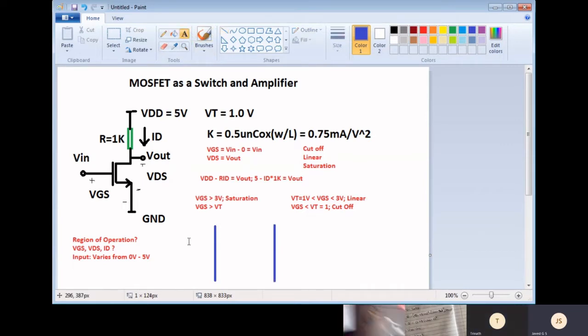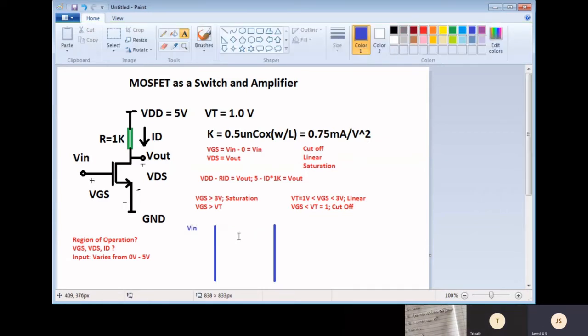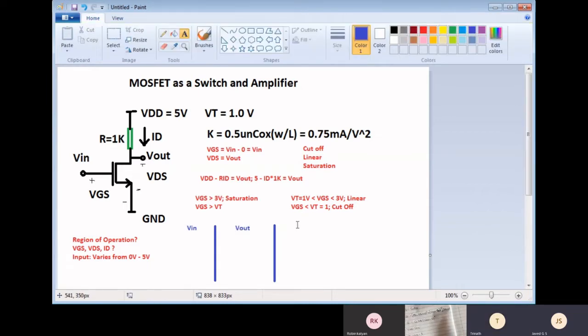The table has V in, V out, and the range in which it is.